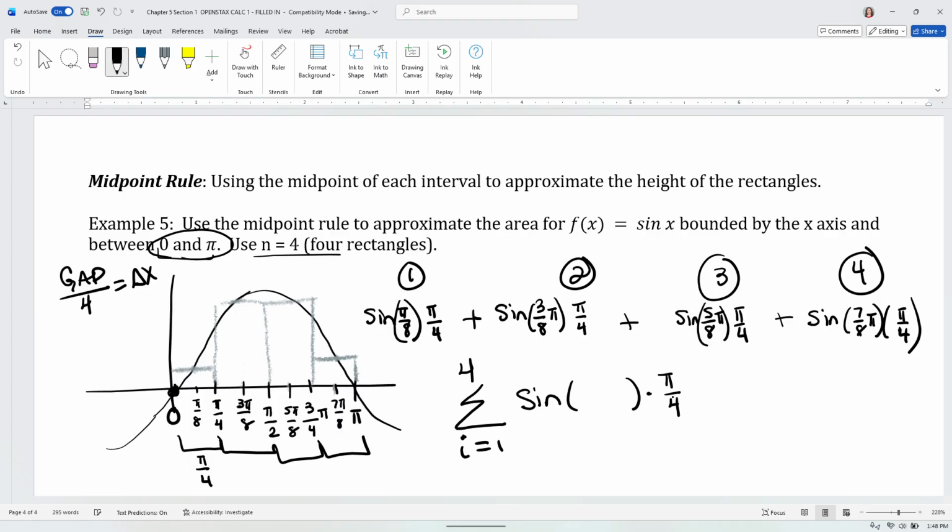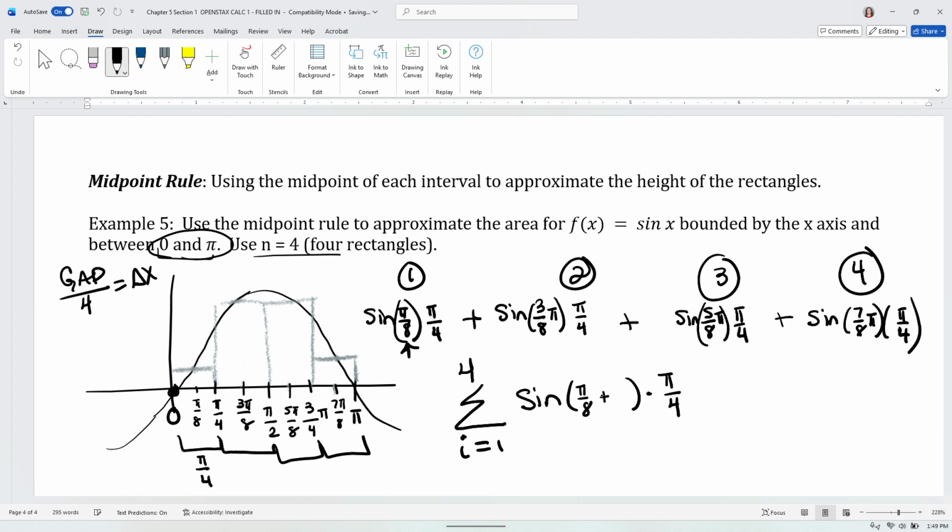Height times width for each one. All right. Usually, I like to figure out where the first one's going to be, and then I'm going to add for each.